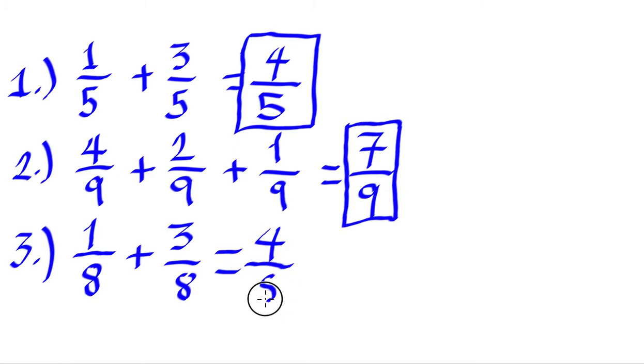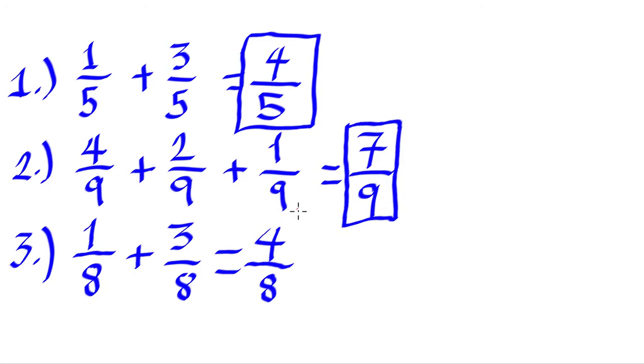Just technicalities: when you write fractions, make sure that the fraction bar is between the equal signs. So this is our answer, 4 over 8. And then you ask yourself, is this in the simplest form? The answer is no, because 4 over 8 has a greatest common factor, which is 4.